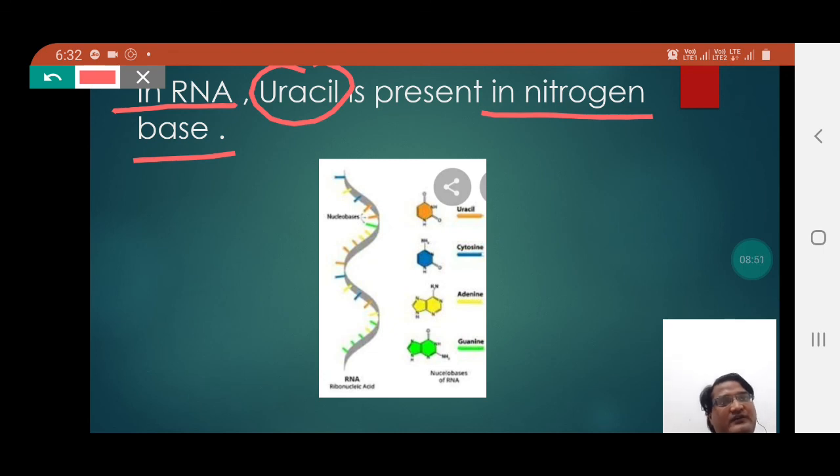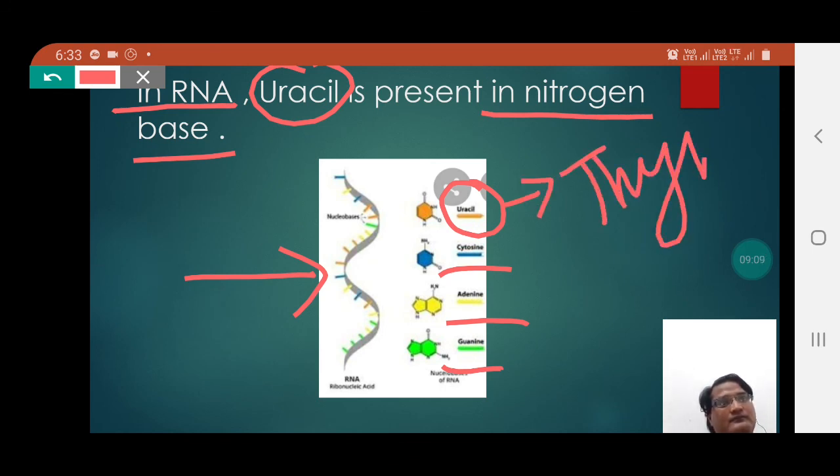Here in this picture also it is quite clear that uracil is present besides adenine and guanine. So students, it is very clear that instead of thymine, uracil remains present in RNA.